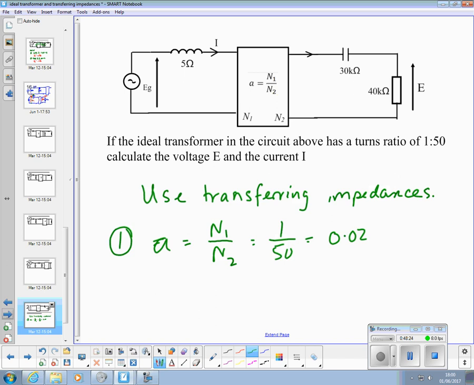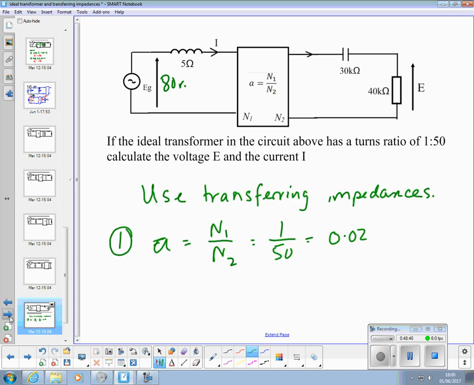Generator voltage is 80 volts. Let's put that on there. And we've been given the capacitive reactance because we've got it in ohms.